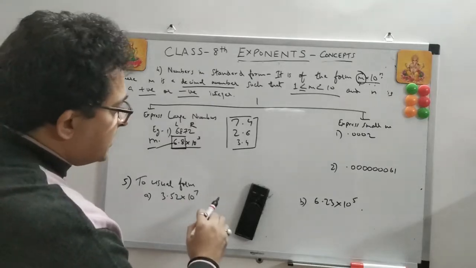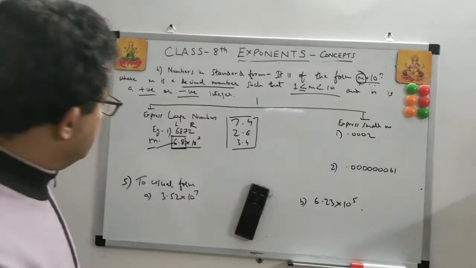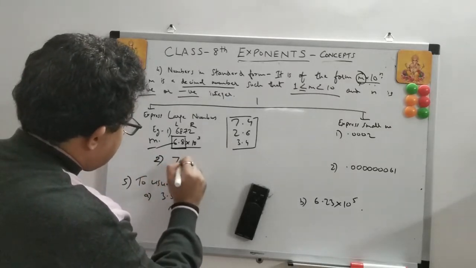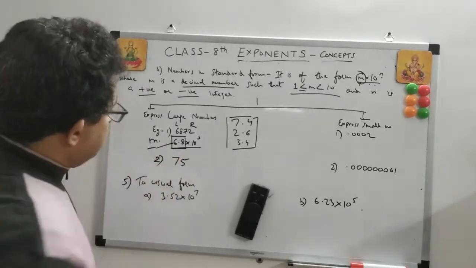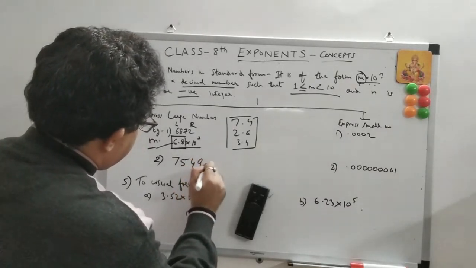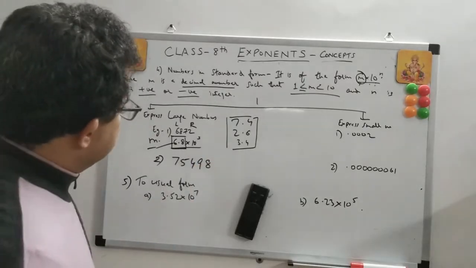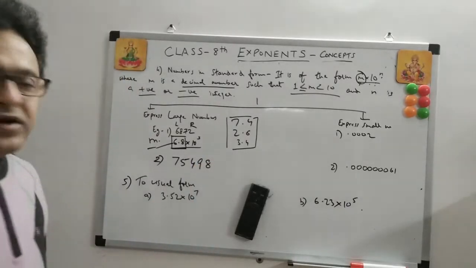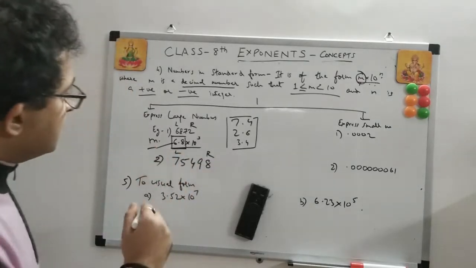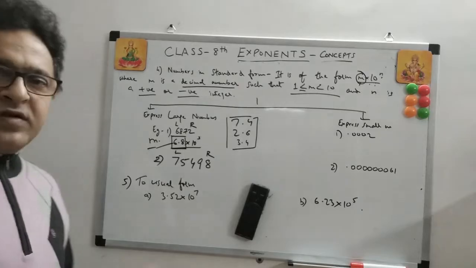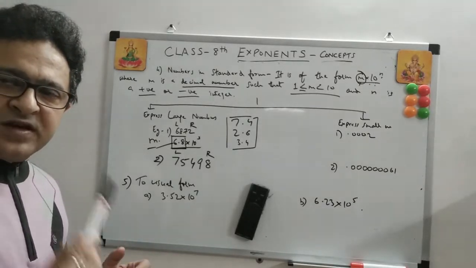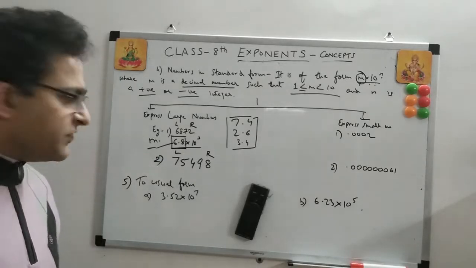Let's take another example here: 7, 5, 4, 9, 8. Okay, let's take this number. Now, starting from the left to the right, just put a decimal between the first and the second number starting from the left.